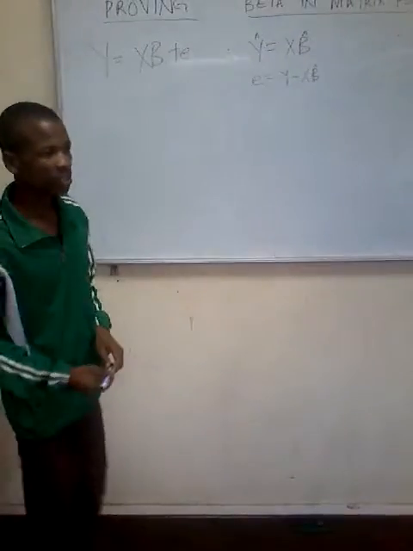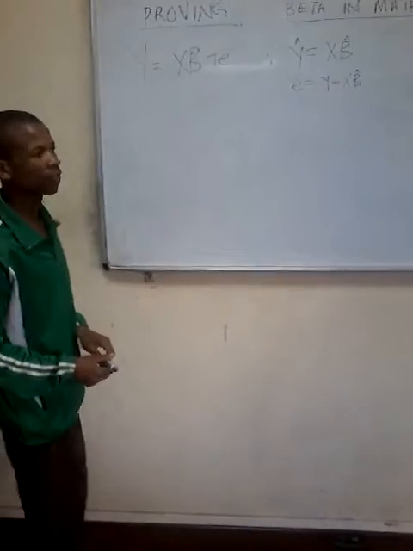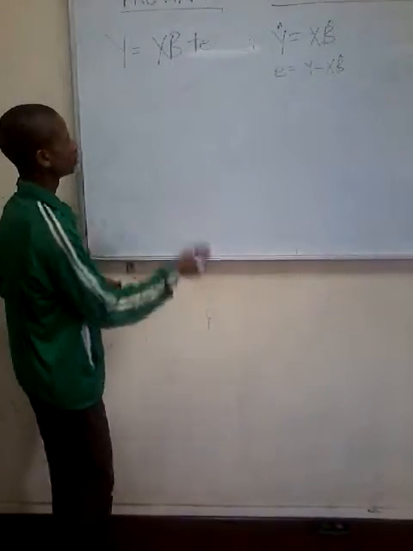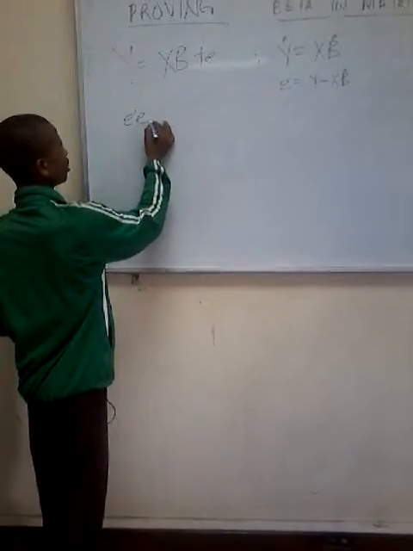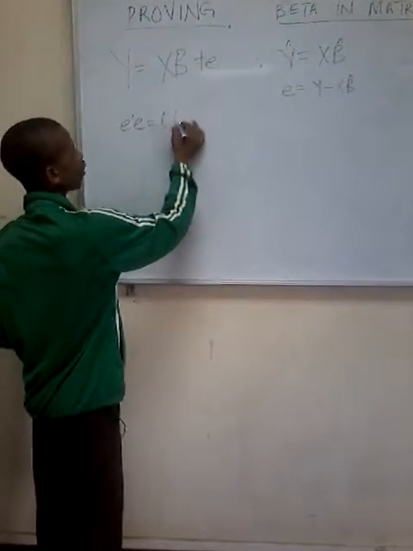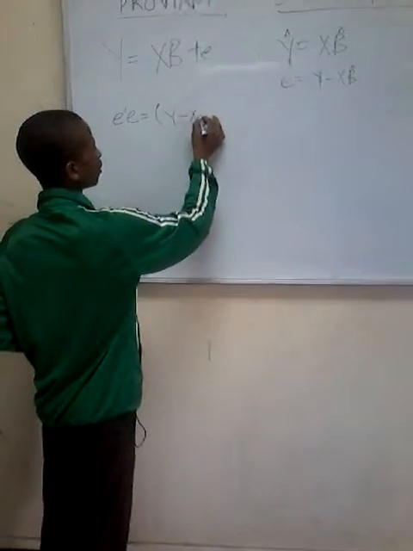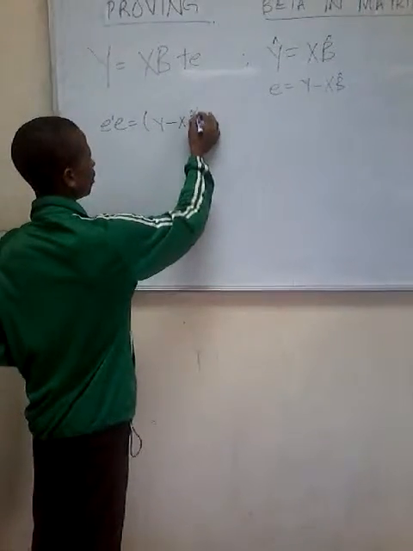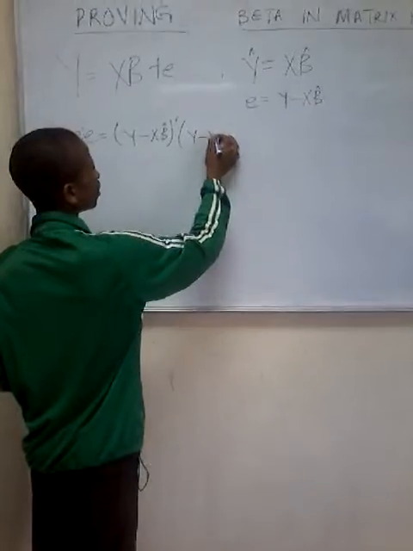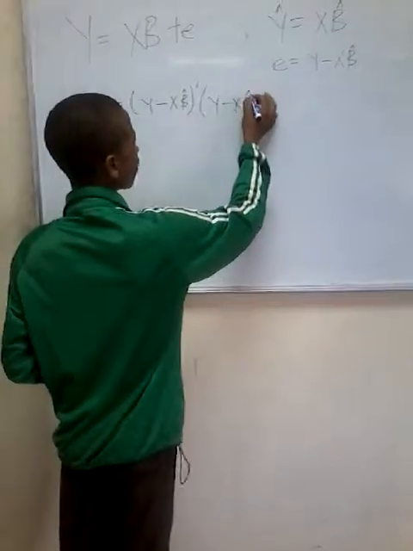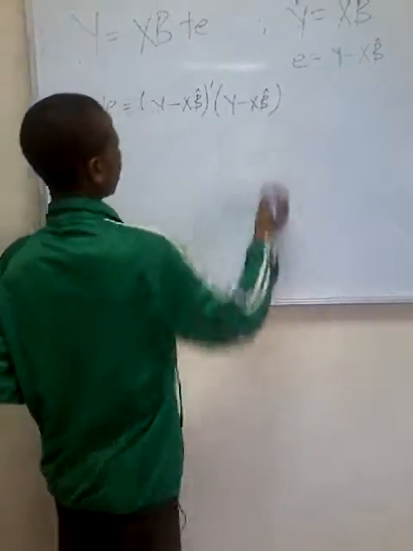So in this case, the sum of squares of residuals will be given in the following form. It's e transpose multiplied by e, which is equal to y minus X beta hat transpose multiplied by y minus X beta hat, like this.